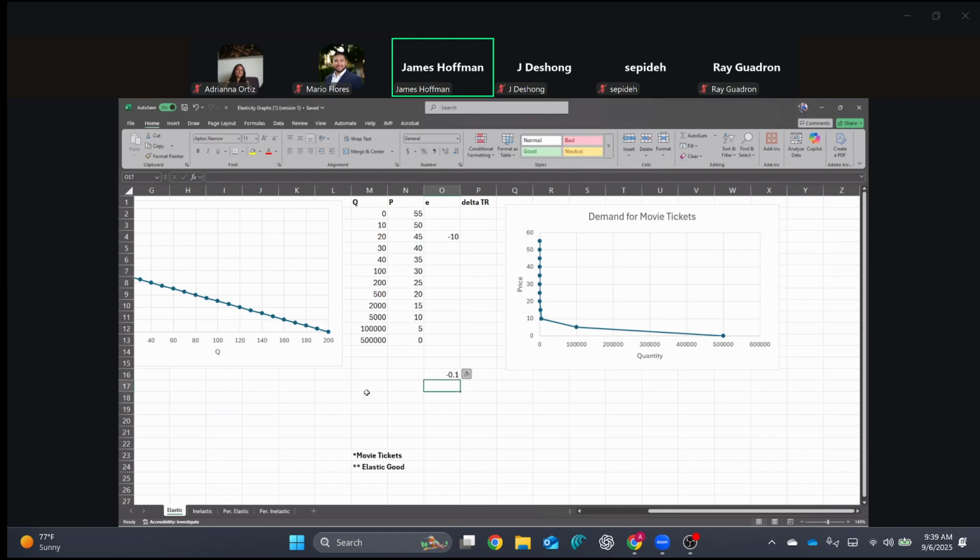And then quantity went up 100%, right? So we know that if the percent change in quantity is bigger than the percent change in price, it has to be elastic, right? And this specific elasticity is -10, or 10 if you remove the sign. Okay?